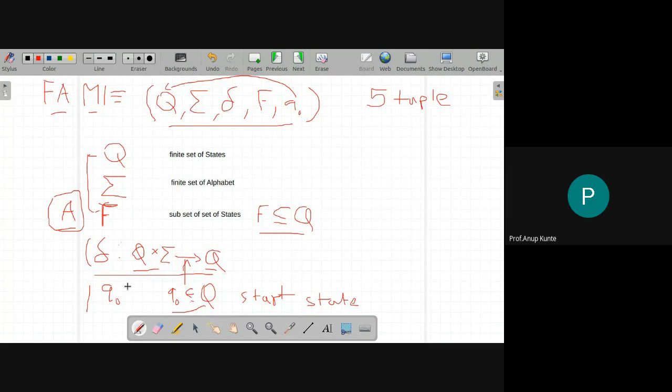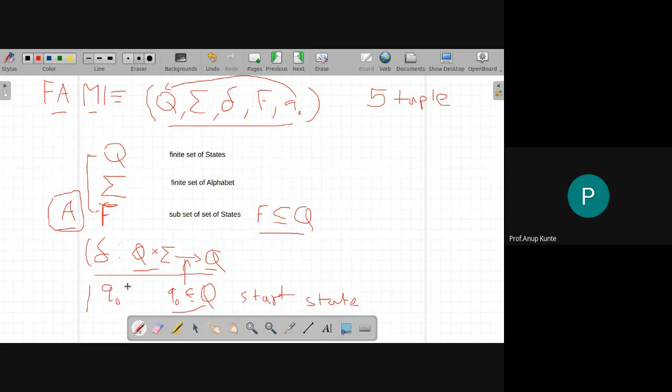So finite automata is a 5-tuple abstract device which represents certain kinds of computations, which is defined as a tuple including Q, sigma, delta, F, and Q0, where Q is a finite set of states, sigma is a finite set of alphabets, F is a subset of states, which is a subset of Q, delta is a mapping from Q cross sigma to Q, which represents the transient behavior, or the functional behavior of the device.